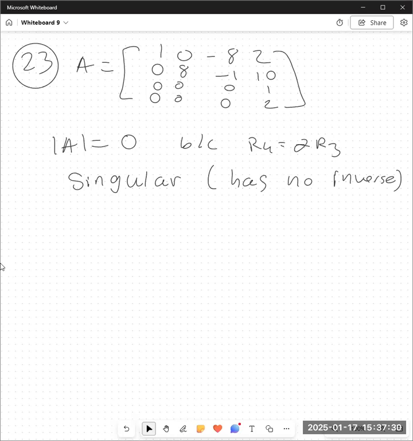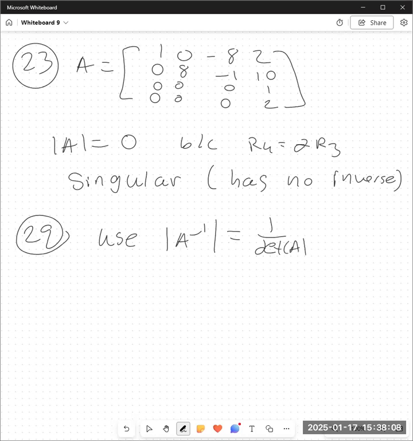Okay, let's look now at number 29. We want to find the determinant of the inverse matrix by using the formula that the determinant of the inverse matrix is equal to 1 over the determinant of the original matrix, or we can write it this way.